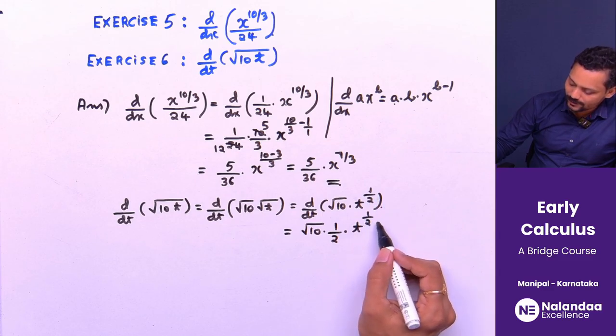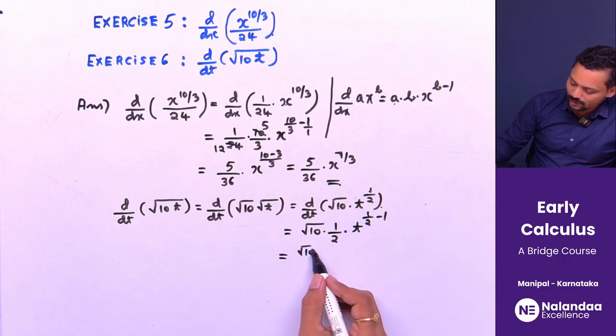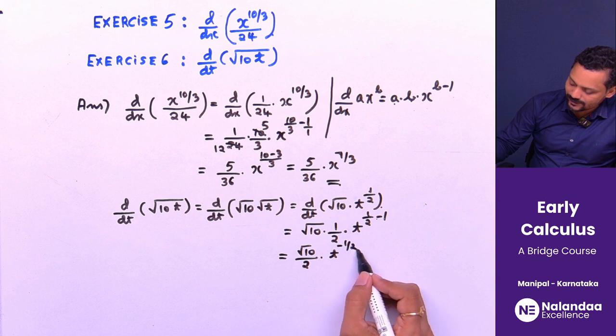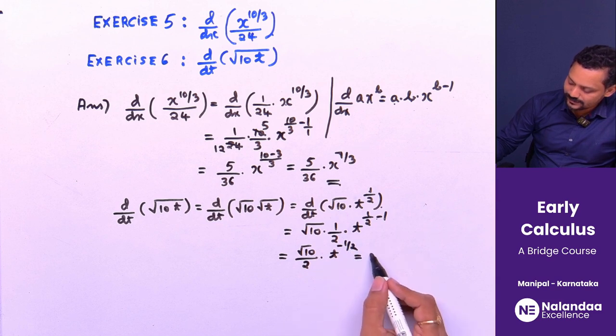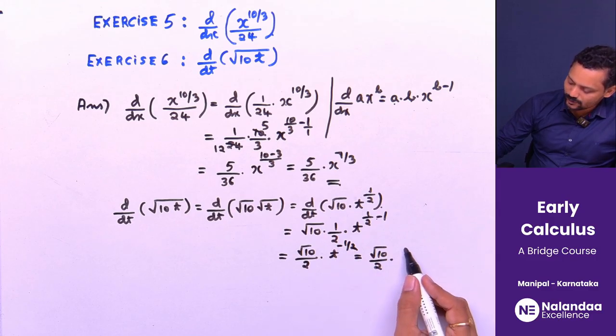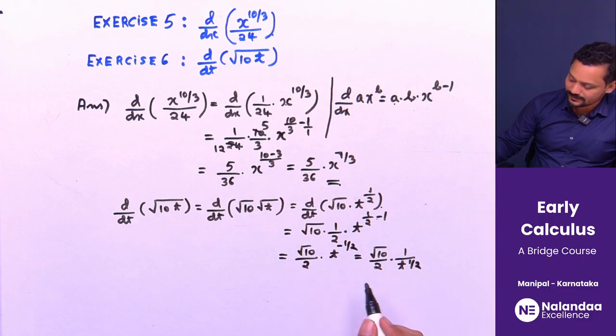So it is 1 by 2 minus 1. So this is root 10 by 2 into t power. Now we know 1 by 2 minus 1 is minus 1 by 2. So this is root 10 by 2 into t power minus 1 by 2, which can be written as 1 by t power 1 by 2 by the theory of indices.